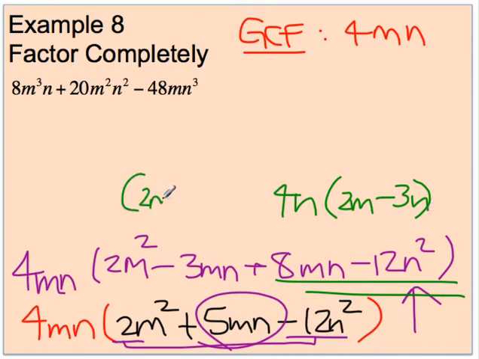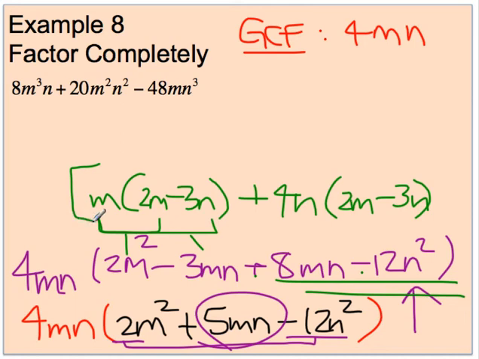So we have 2m minus 3n, and we have to figure out what's left over, and it looks like there's just an m here. M times 2m would give us the 2m squared, and m times negative 3n would give us the minus 3mn. With a positive and a negative, it looks like this 4n needs to be positive.